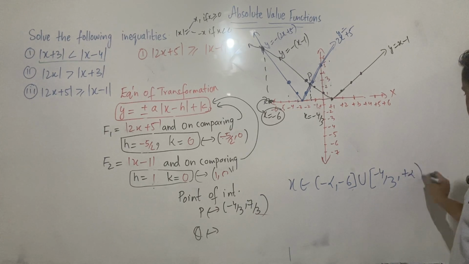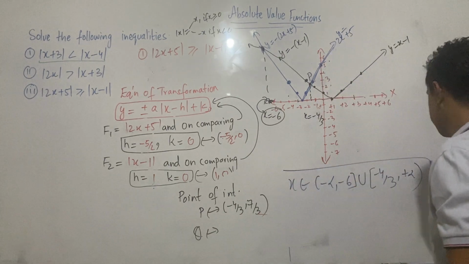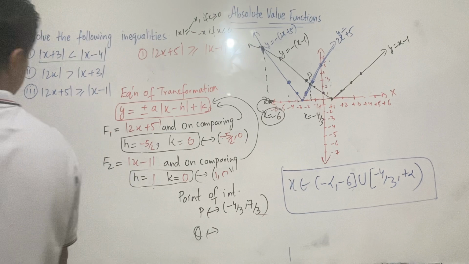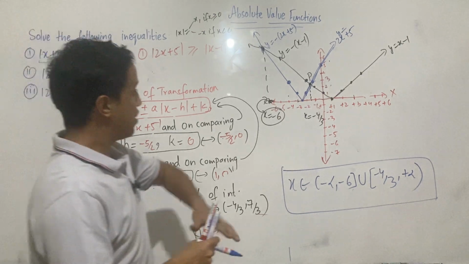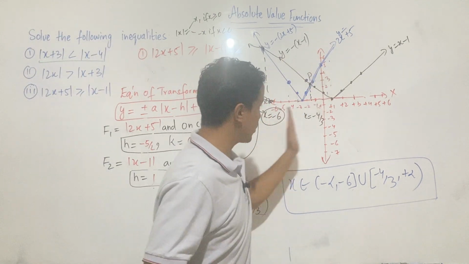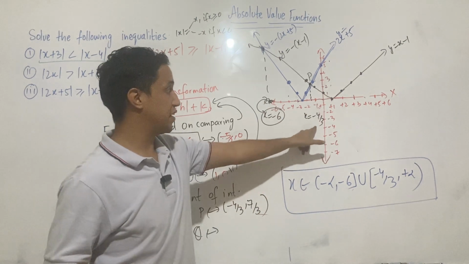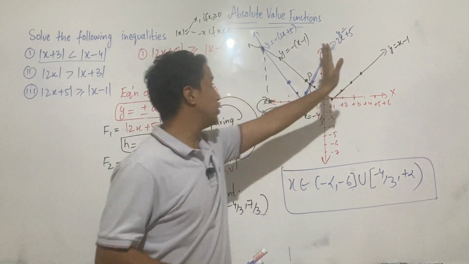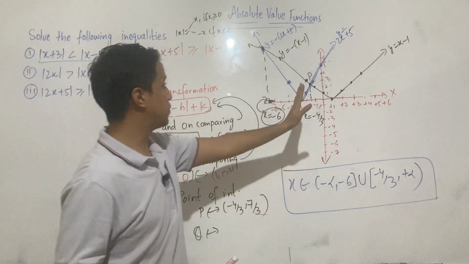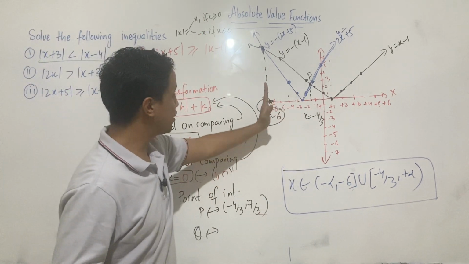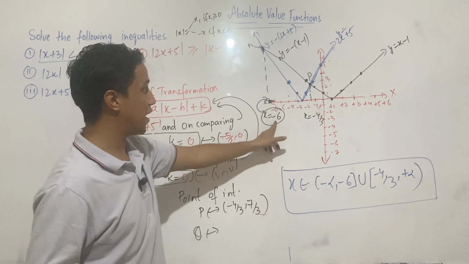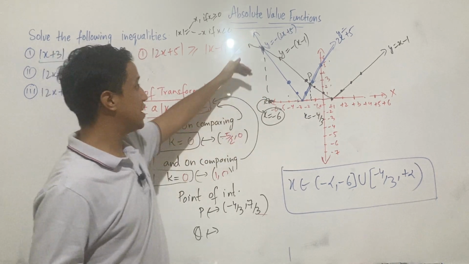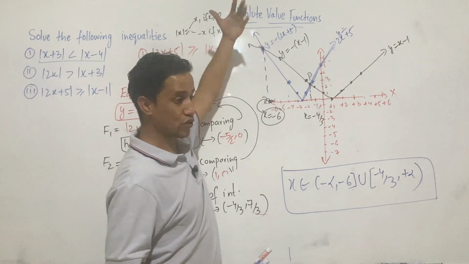So this is going to be your domain. For all values of x greater than or equal to minus 4 by 3, blue will stay above, and for all values of x less than or equal to minus 6, the blue curve is going to stay above.